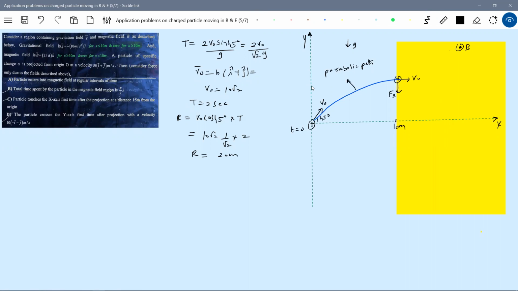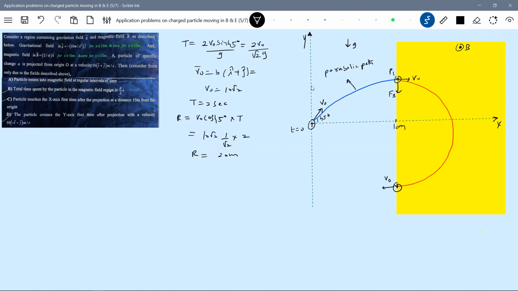Okay, then it's going to describe a circular motion. Now the gravity will come into the picture.